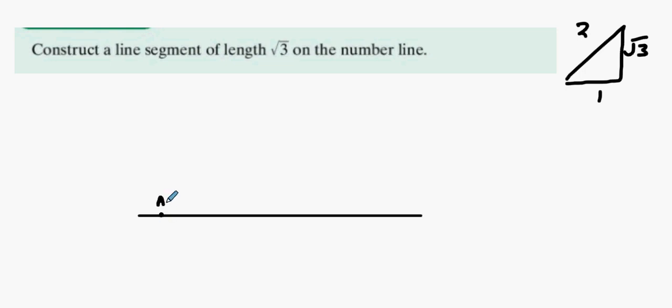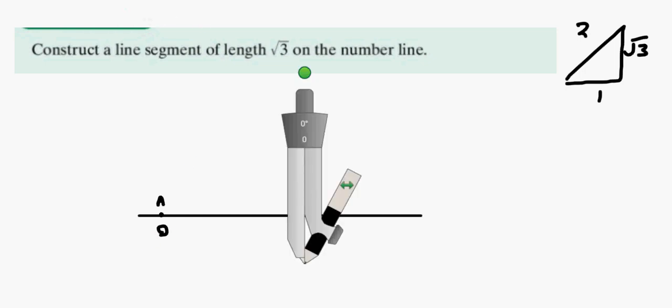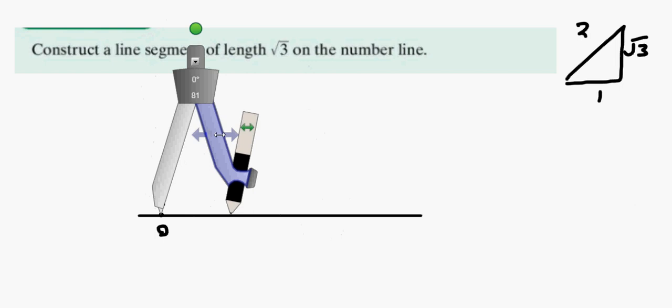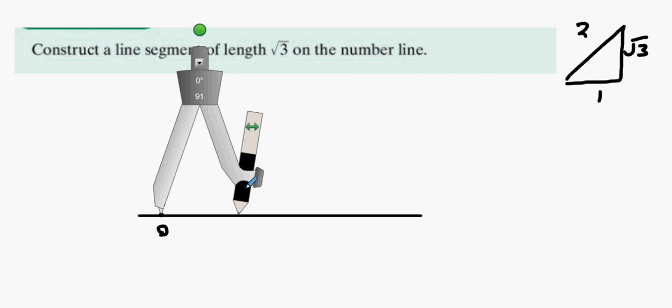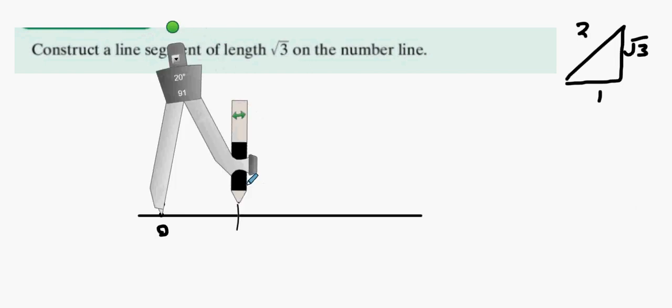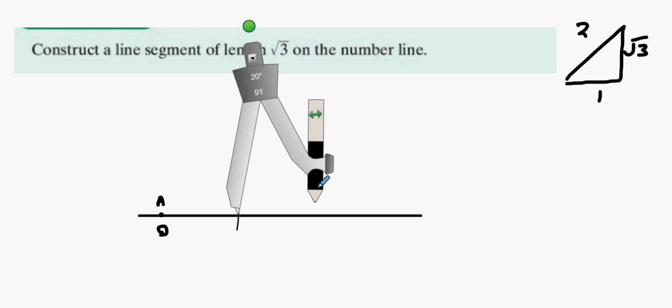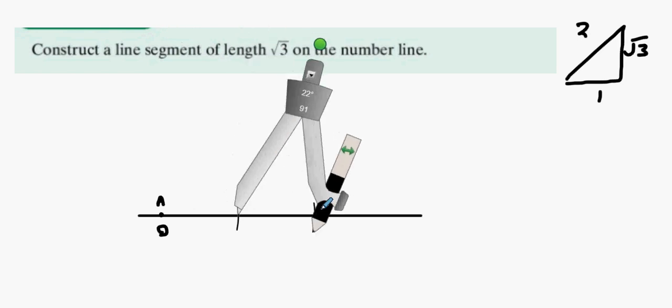That can be A and that can be 0, can't it? Okay. Get your compass. Pick a length. What length do you want? 1. Okay. Any length of your choosing. That's 1, 0. Everybody cool with that? Or 1. And this part here, 2. That's another one. Okay.